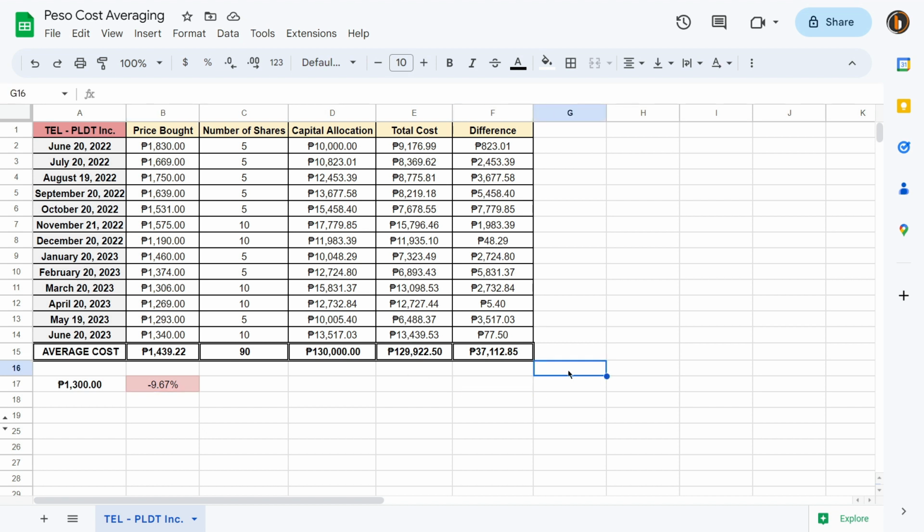And if bago kang investor and you see your portfolio na down ng ganito, don't be discouraged kasi it's part of the game. It's part of the process.